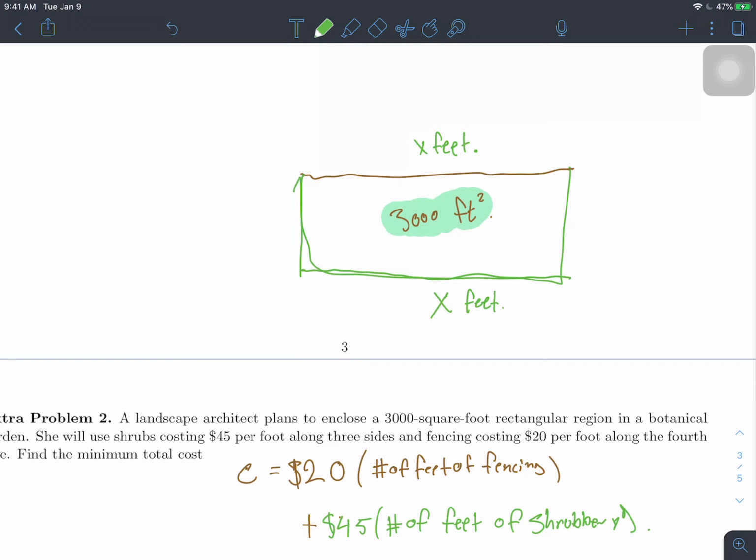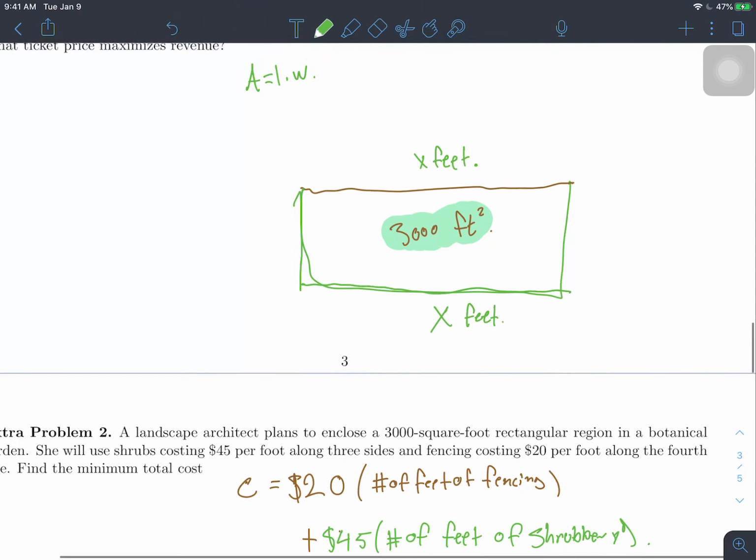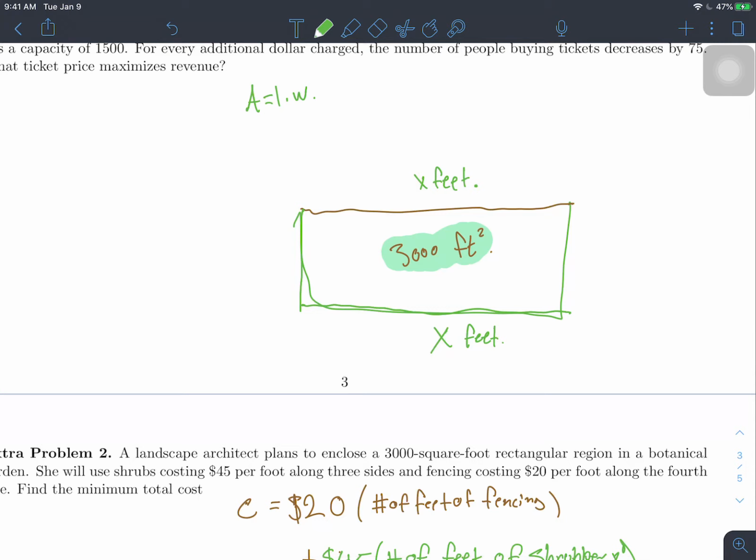If I know that area equals length times width, if I know the area and I know the length, can I find out what the width is? Yeah, I can. So let's call this y. That length will be y.